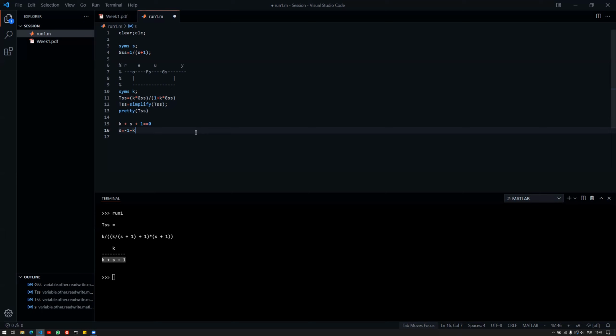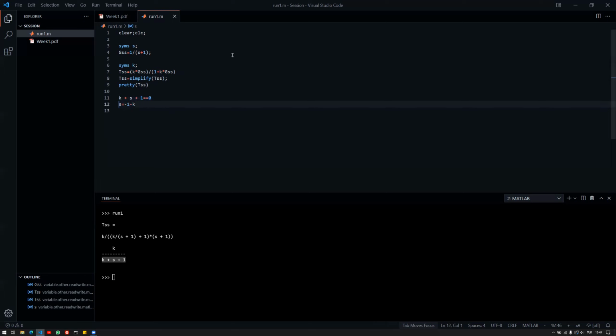Now, we have basically a hint here in line 15 and 16 on how to accomplish this plotting of root locus. So what we can do is try to plug in some k values if we get the characteristic polynomial of the closed loop system. We can use an interval for k, plug in the values of k.